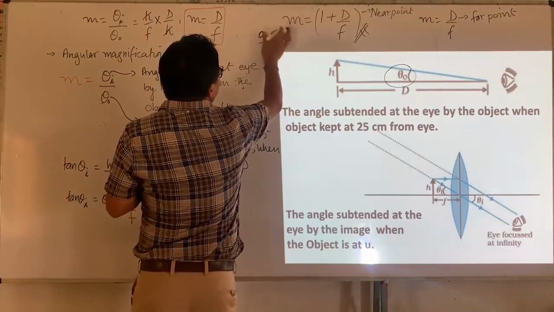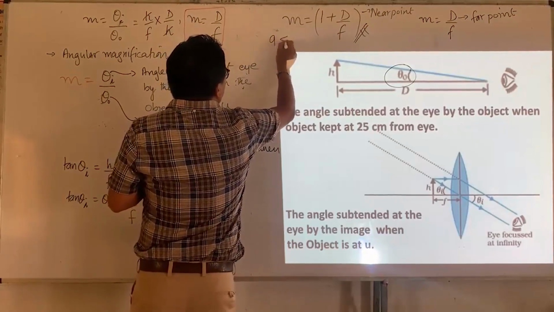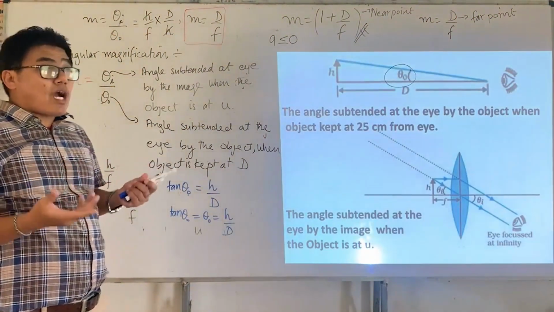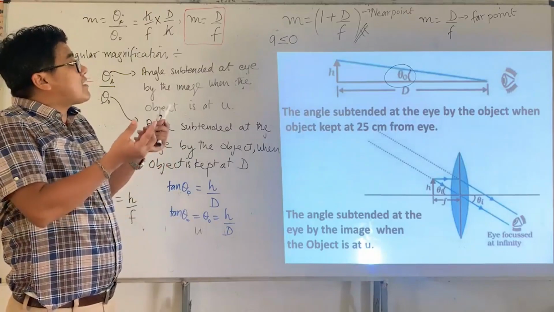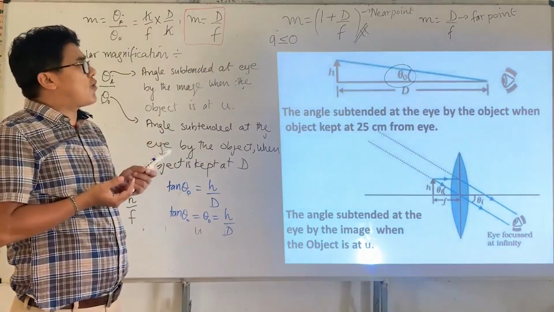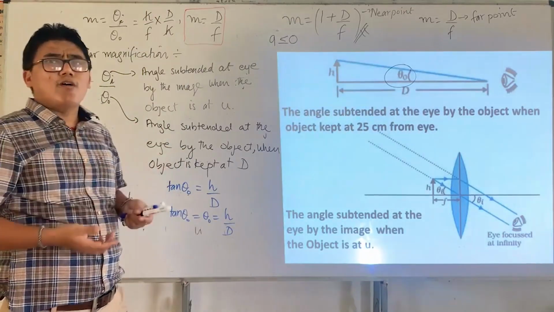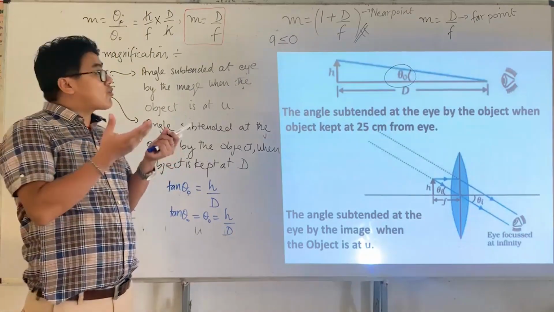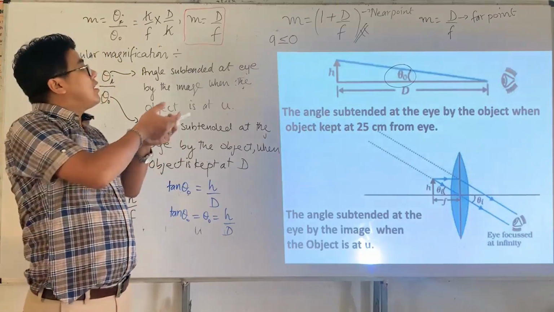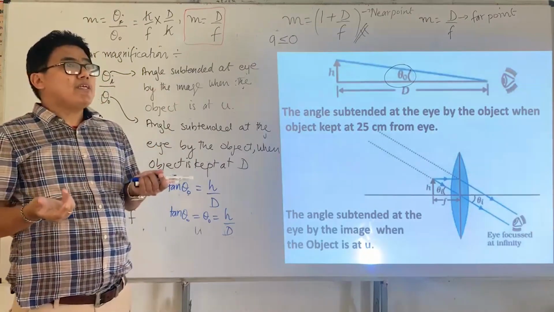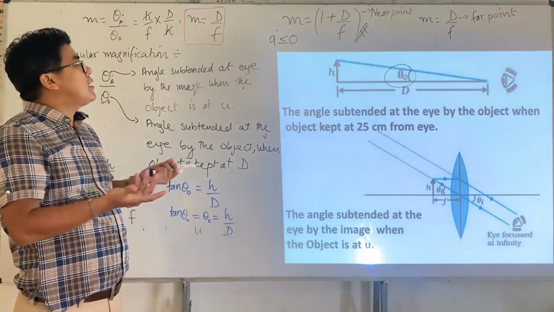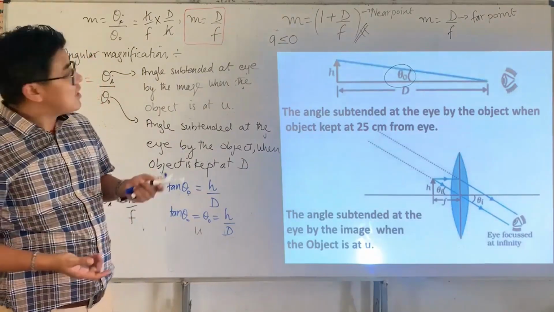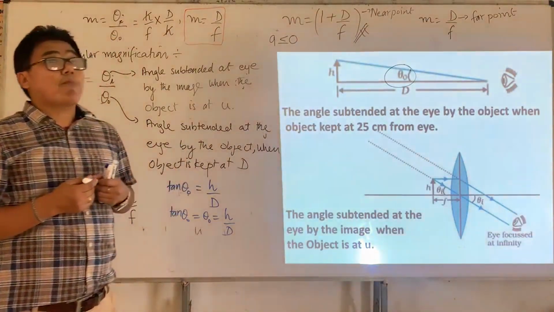We can't get a focal length which is extremely small. In practice, I can get a converging lens of focal length 1 millimeter, but it's not possible; I can go up to maybe 2 centimeters, 5 centimeters, or something like that. Therefore, this is the limitation for simple microscopes.